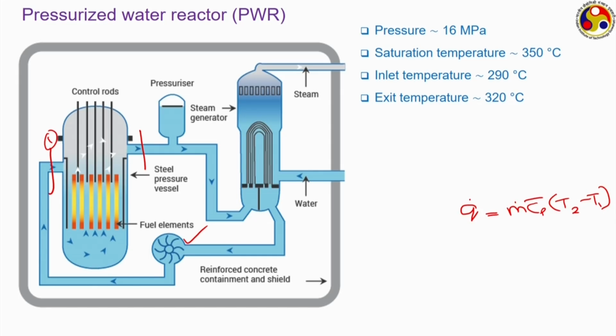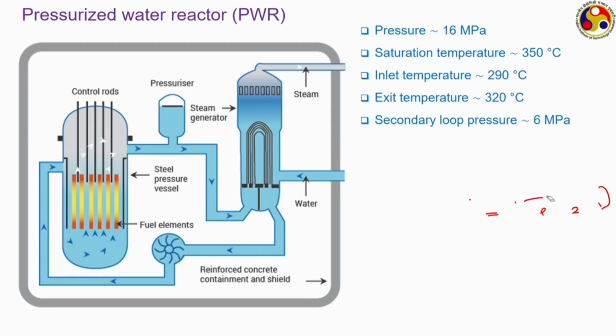And accordingly, the outlet temperature of the coolant, which is expected to be the maximum temperature, remains well below the corresponding saturation temperature, thereby allowing single phase operation throughout the loop. In the secondary loop, where the water coming from the reactor transfers its heat, the pressure is only something like 6 megapascal, and corresponding to that, the saturation temperature is around 275 degrees Celsius.